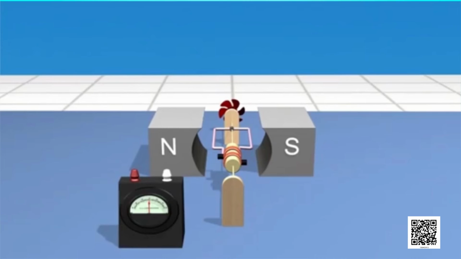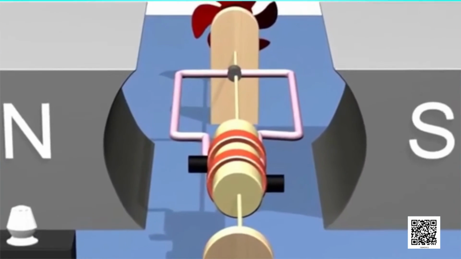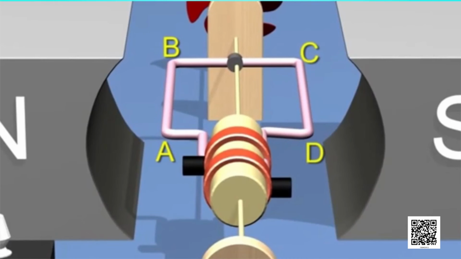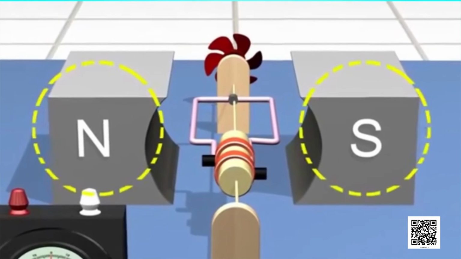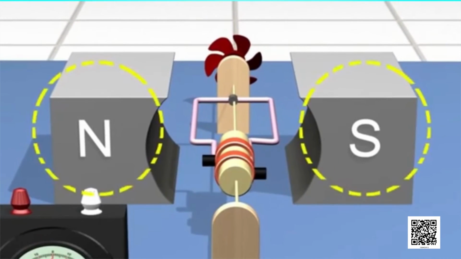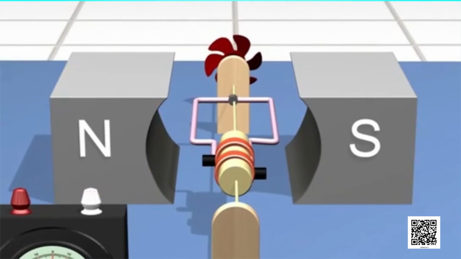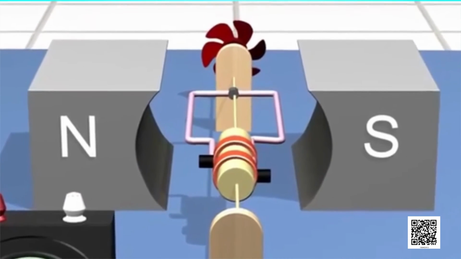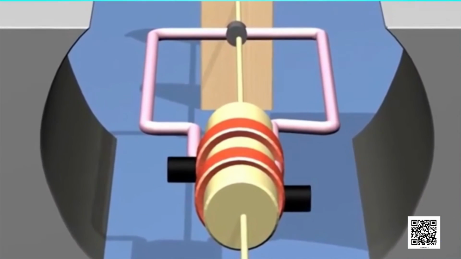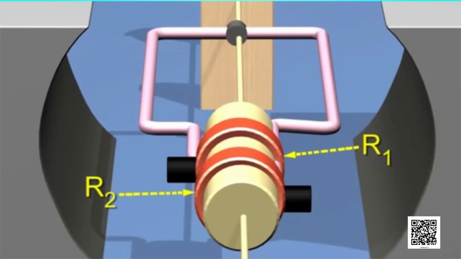An electric generator consists of a rotating rectangular coil ABCD placed between the two poles of a permanent magnet. The two ends of this coil are connected to the two rings R1 and R2. The inner side of these rings are made insulated.